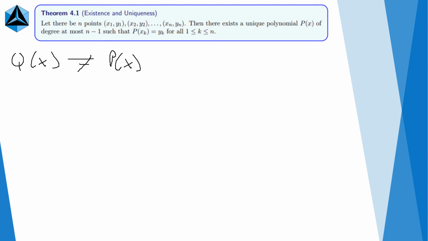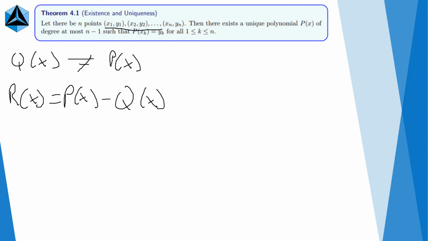Then let's define another polynomial, called r of x, that is equal to p of x minus q of x. Since p of x is equal to q of x at all of these n points, because they both interpolate the data, we know that r of x has roots there. r of x is equal to 0 at x equals x_k.